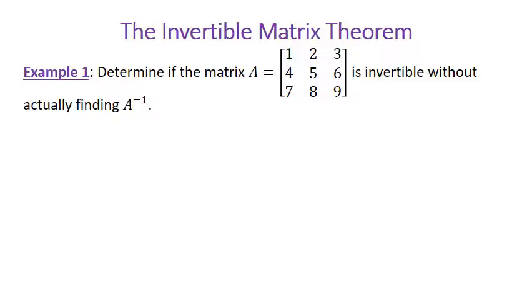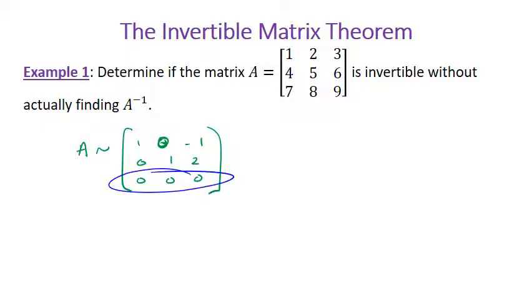So what I would recommend doing is begin by row reducing. So if you row reduce A, it becomes along the way this. And you can check this work if you want, or you can just trust me. I feel like at this point in this class, I think that we have a pretty good relationship, and trust should hold. So here, you'll notice that we have a row of zeros.